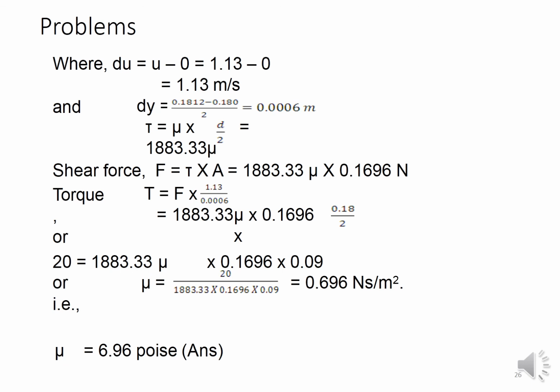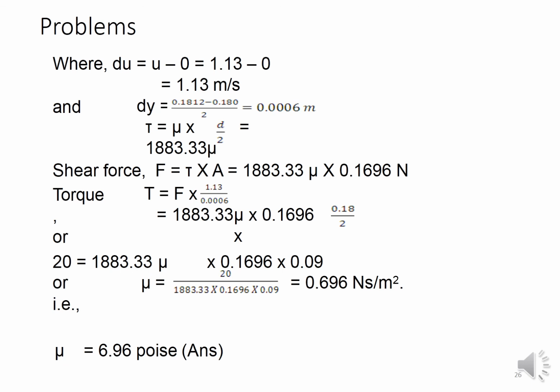So tau is equal to mu into du by dy, which is 1883.33 mu.